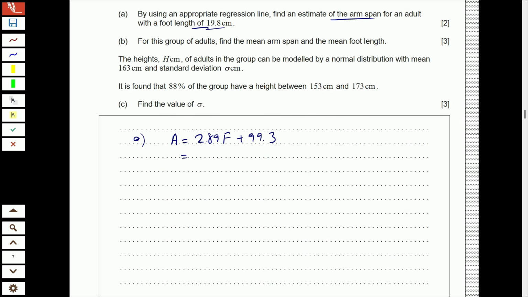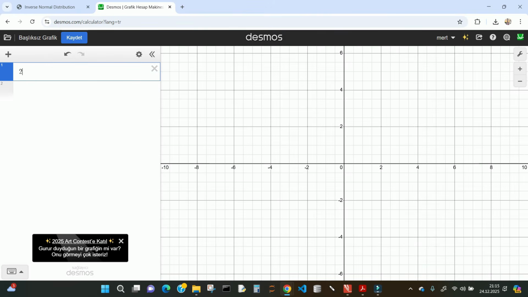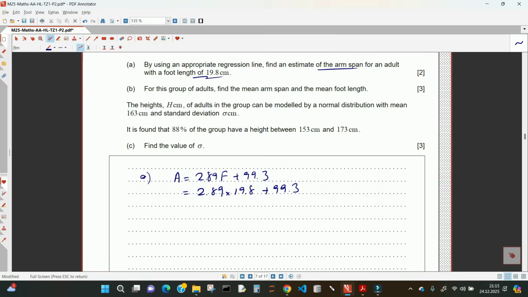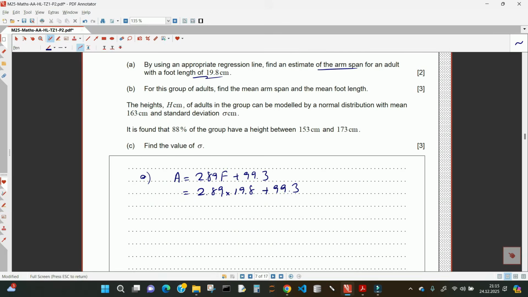I will replace it with F. 2.89 times 19.8 plus 99.3. Let's run this. It is 157. Yeah.